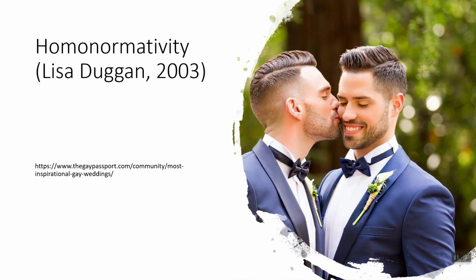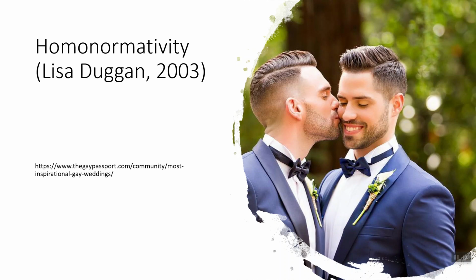And even when it's obvious what the gender of both people is, we can see, for example, in this photograph, two gay men copying the heteronormative model of marriage. This looks very, very much like a heterosexual marriage.